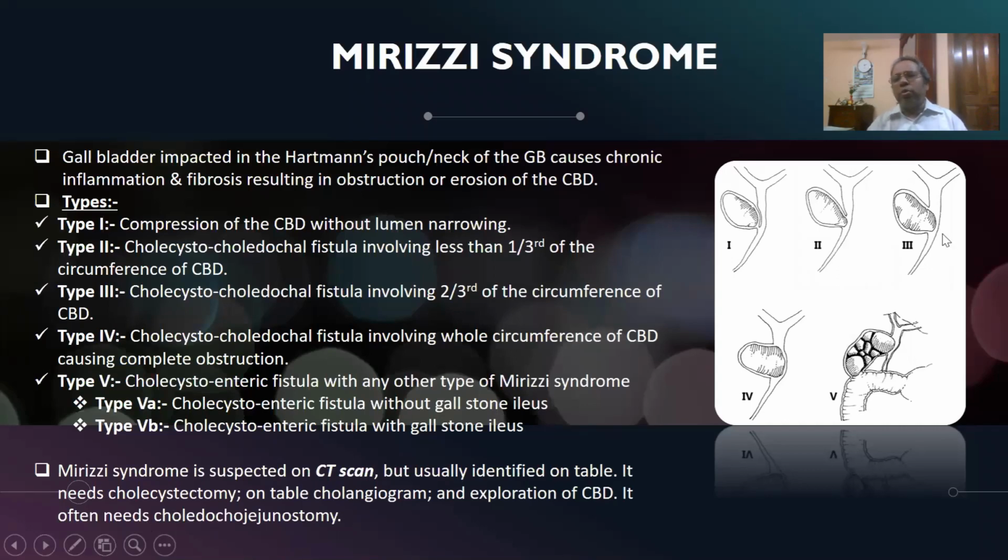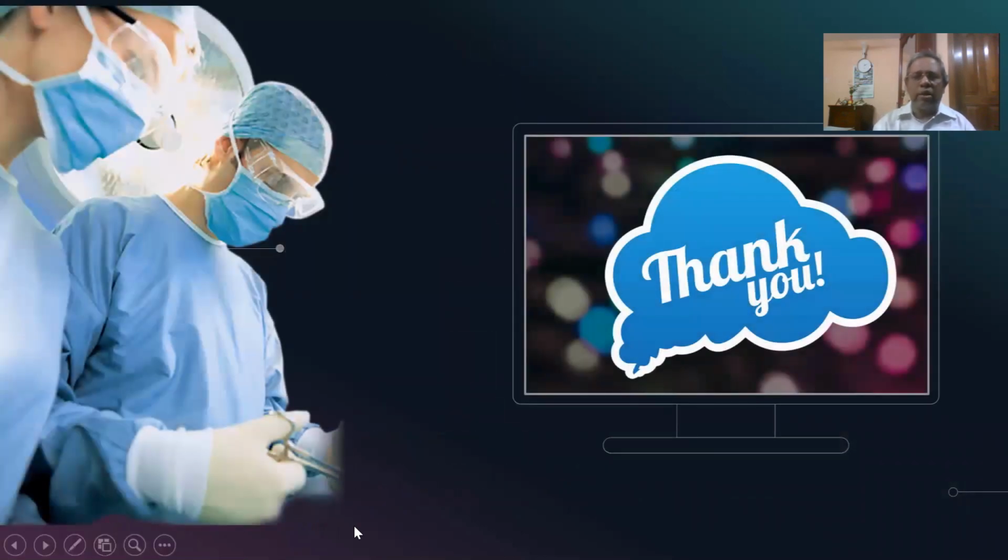In that case, you can put a T-tube and close it, or you make a bypass over the broad opening there. That means a Roux-en-Y choledochojejunostomy.